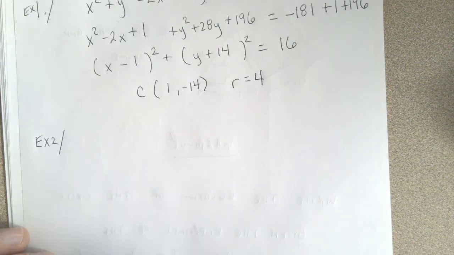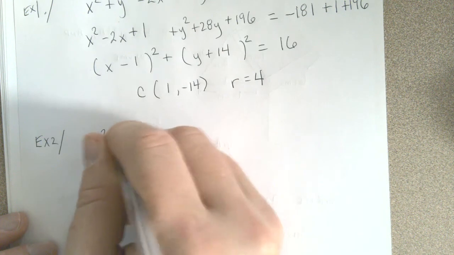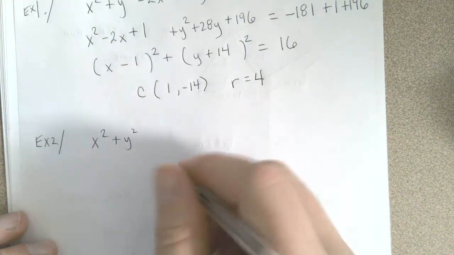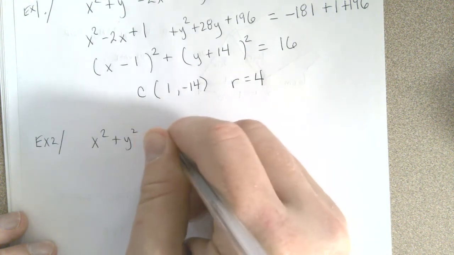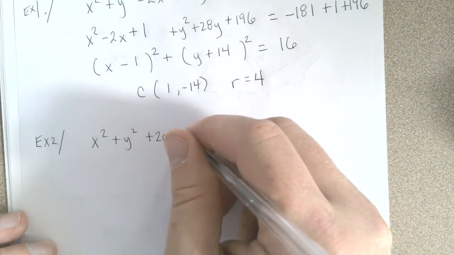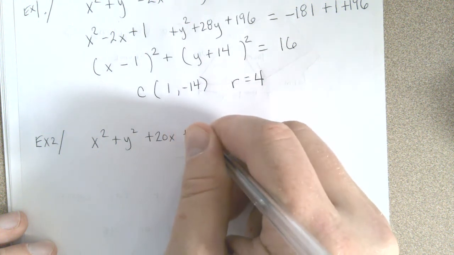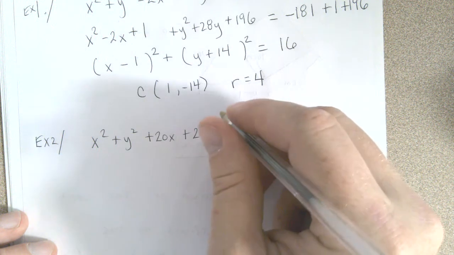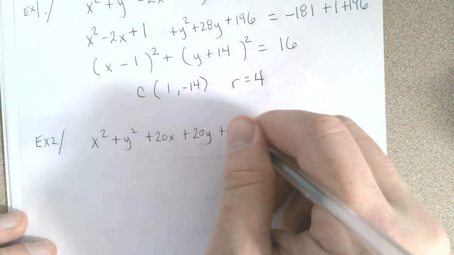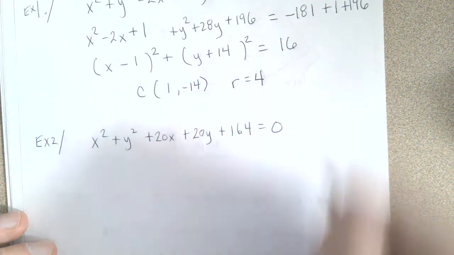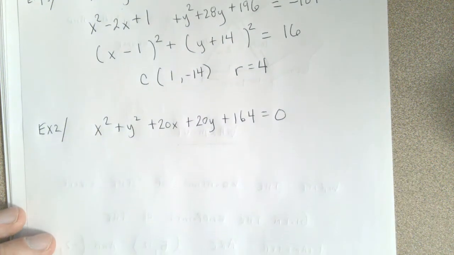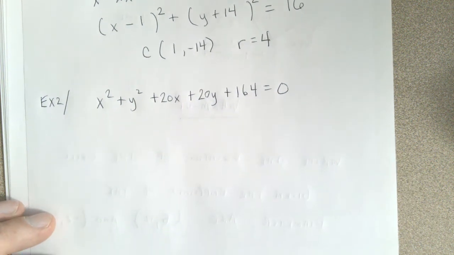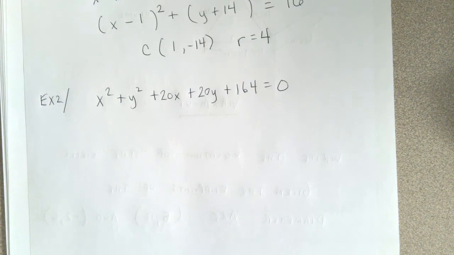So for example 2, let's do this one. x squared plus y squared plus 20x plus 20y plus 164 equals 0. Okay, so think about what we said.